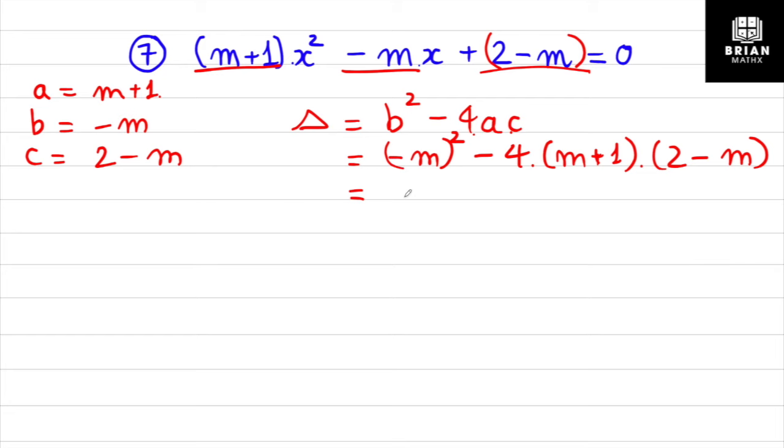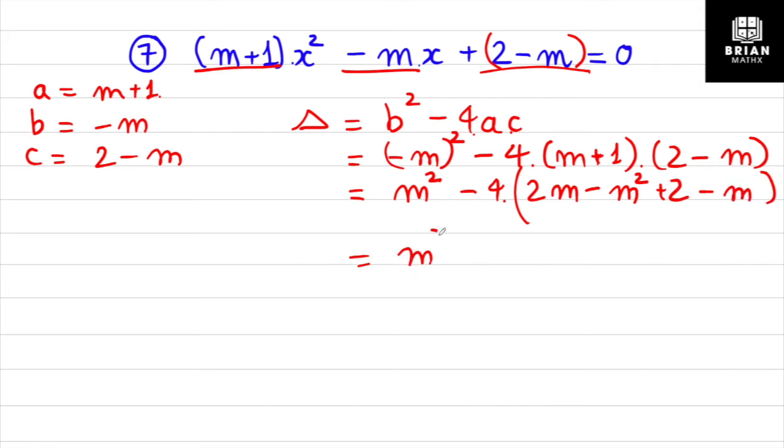Negative m squared, you got m squared. And I keep negative 4, but I will expand this bracket and this bracket. You got 2m minus m squared plus 2 minus m.